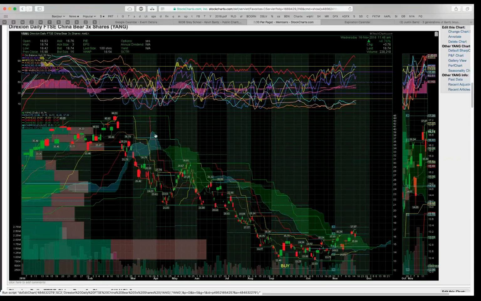All right, so there goes the dollar. Treasuries are swinging, which means equities will probably feel a pinch here.